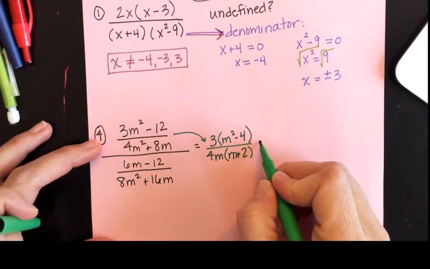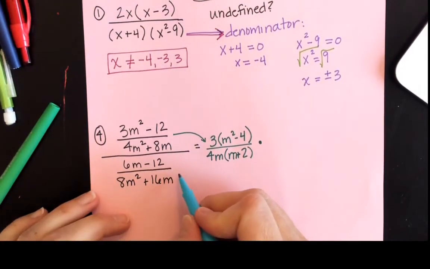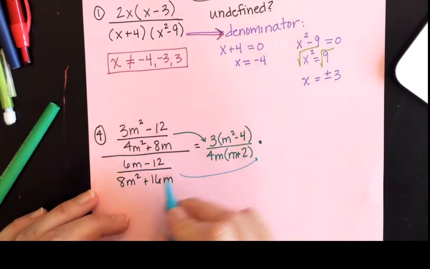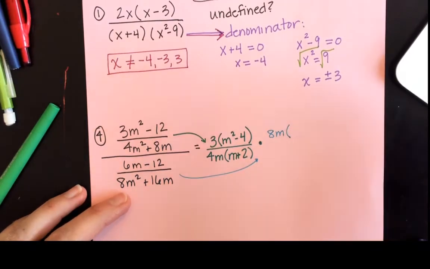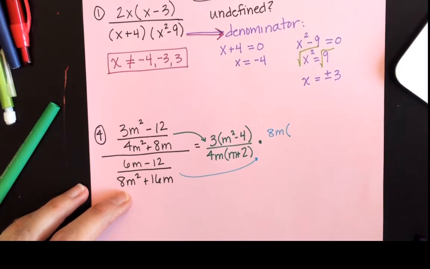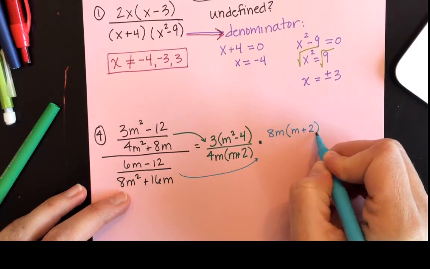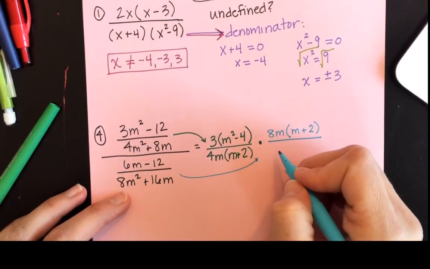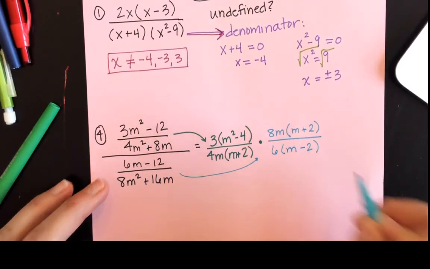I'm going to change this to multiplication, and then my bottom fraction we're going to flip, and I'm going to factor out an 8m, and I'm going to end up with m plus 2, and then over here is my 6 times m minus 2.